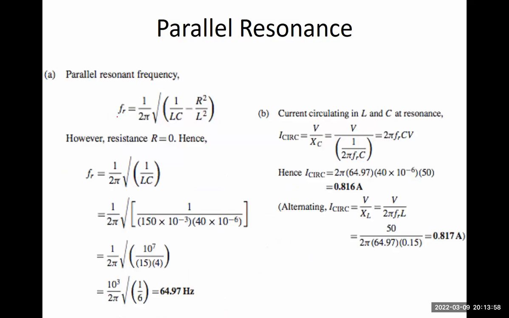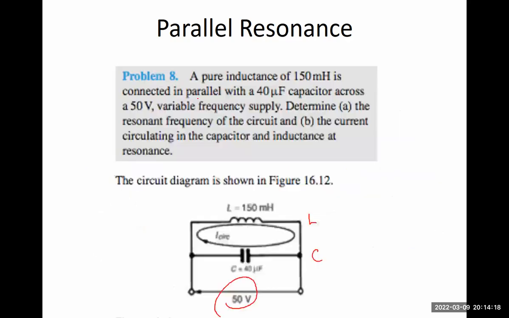To determine the resonant frequency of the circuit, parallel resonance is equal to 1 over 2 pi multiplied by the square root of 1 over LC minus R squared over L squared. However, it says here that this is a pure inductance. There is no R mentioned, and we can also see in our circuit that there is no R, so the R here is negligible.